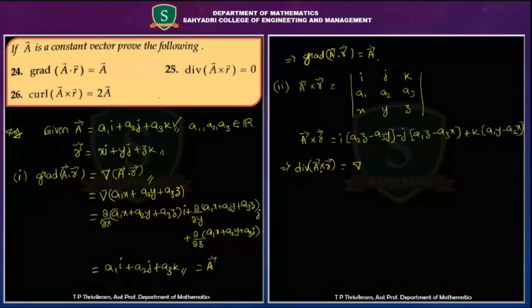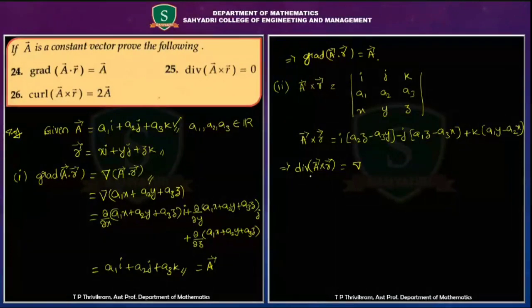Suppose I write divergence of f, how to write divergence of f? Differentiating each term. No, that is okay, I want the symbol way. How to represent divergence? Del dot.